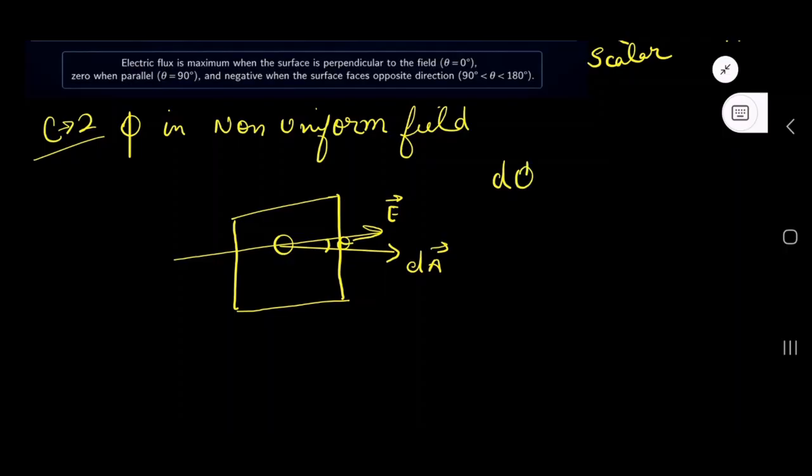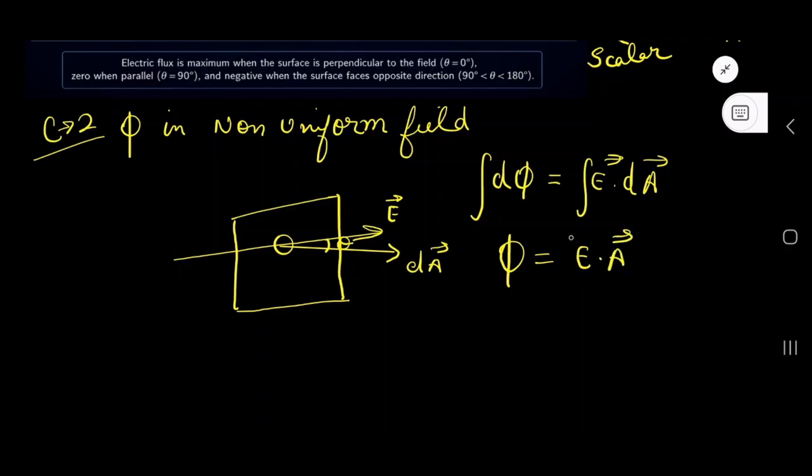For the smaller element, d phi, that is flux element, will be E dot dA, right? E dot dA. So now integrating it will give the total electric flux, right? So electric flux will be the integral of E dot dA.